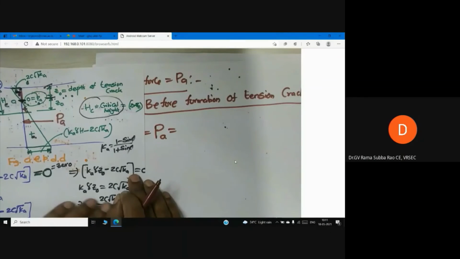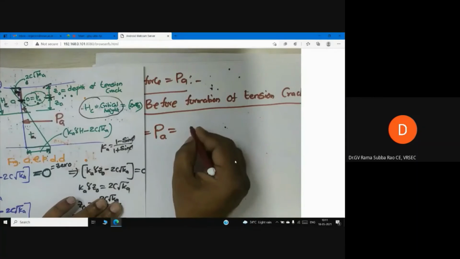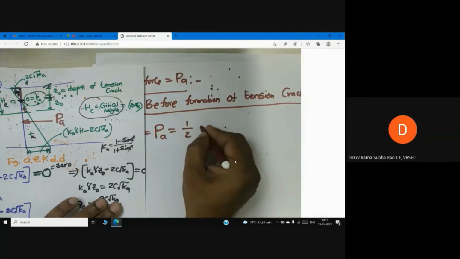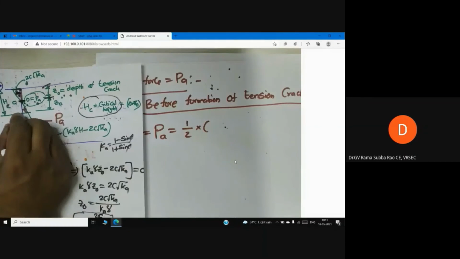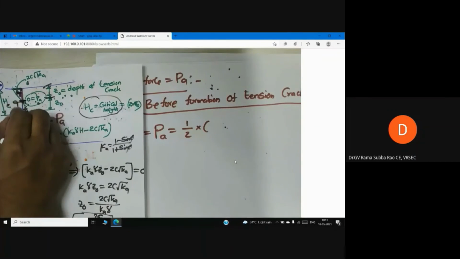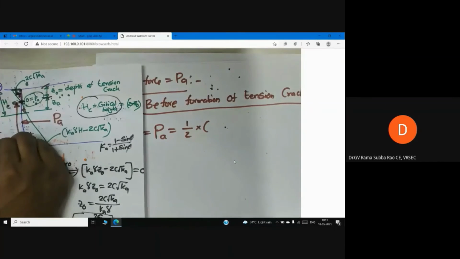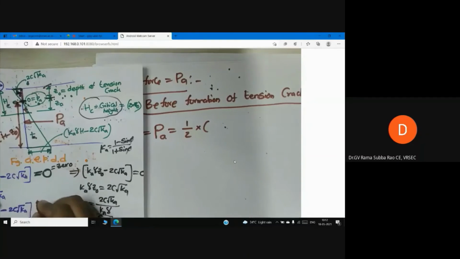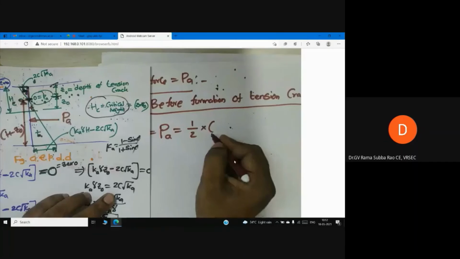Okay, now you see, I have to add both the triangles. Here you see, half of base into height. Someone can ask me, sir, tell me, what is this distance? This is Z naught. What about this? H minus Z naught. Now, half of base into height.